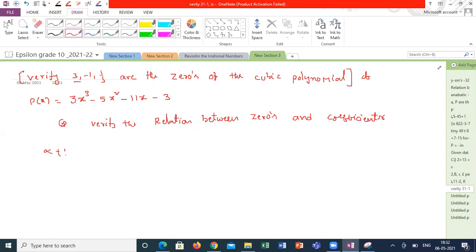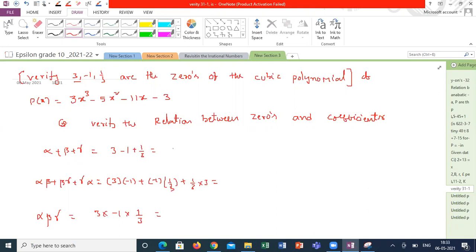So what is alpha plus beta plus gamma from the given? Alpha beta plus beta gamma plus gamma alpha from the given. Alpha beta gamma from the given. Alpha plus beta plus gamma is how much? What is this answer?